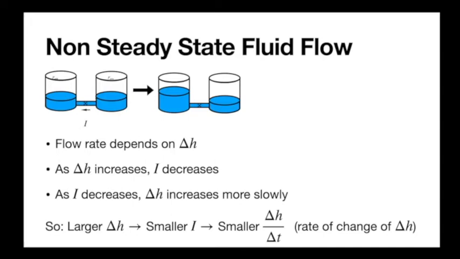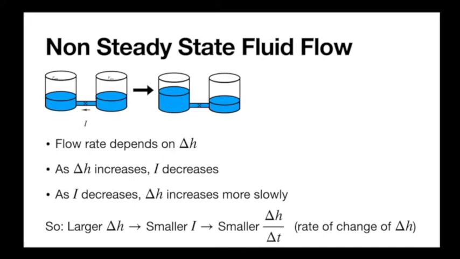It's going to slow down because less fluid is going from one side to the other. So it's kind of like a feedback loop, if you want to think of it that way, where as delta H increases, I goes down, and then as I goes down, the rate of change of delta H goes down.